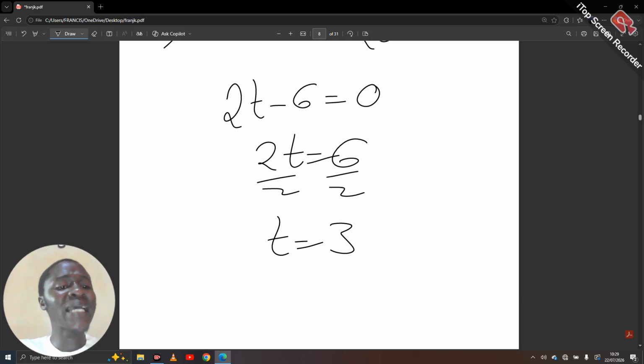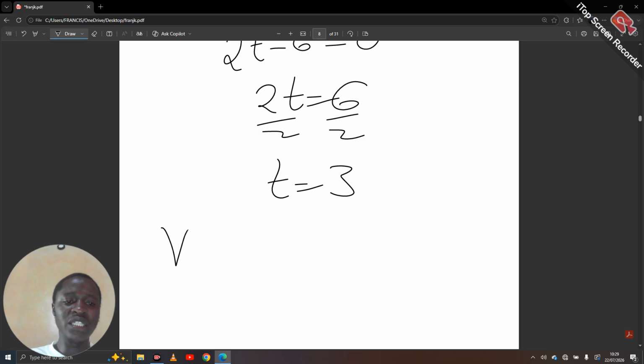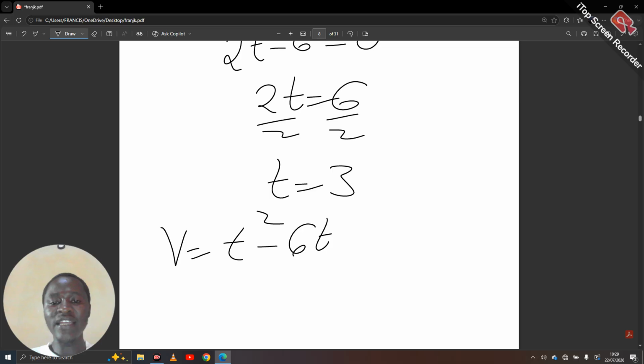They want maximum velocity. The expression for our velocity, remember at that very first part of the question, we got it to be t squared minus 6t plus 15.